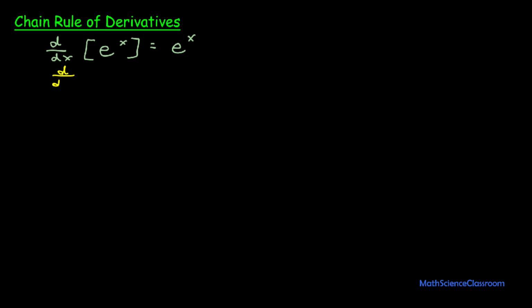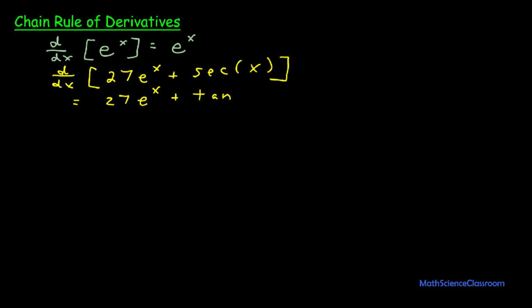So d dx of 27 e to the x power plus secant x equals 27 e to the x power plus tangent of x times secant of x.